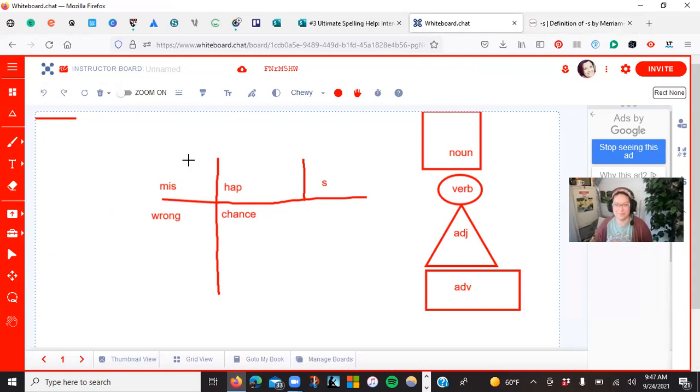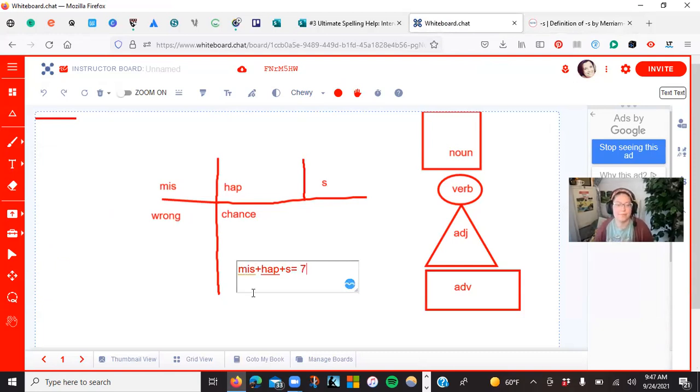Okay. So let's see if we have a real word. Let's put it into our word sum. We got mis plus hap plus s. How many letters does that equal? 7.